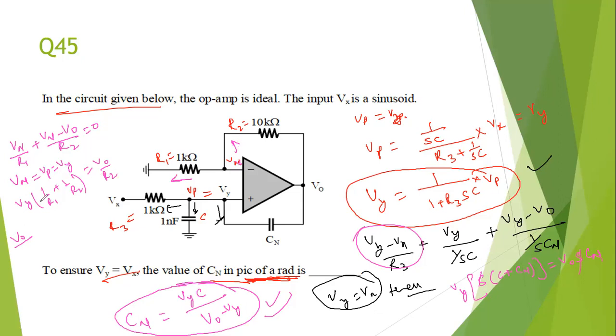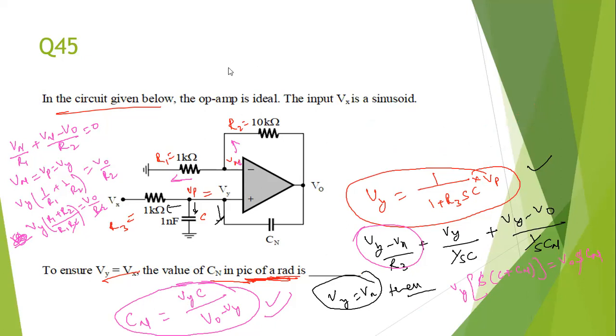So this is Vy, and Vy can be written as (R1 plus R2) upon R1 R2 upon V naught by R2. R2 cancels out. Now just replace the Vy here, and after replacing the Vy value, you will get, just cancel out this one.